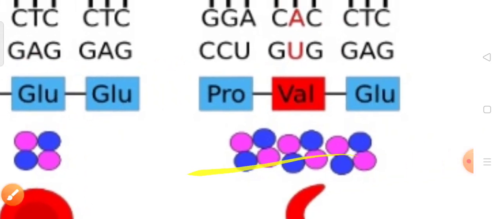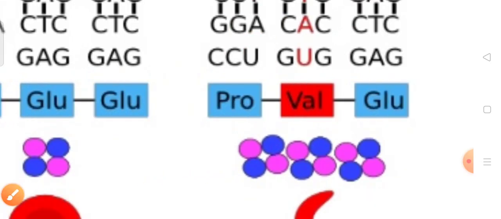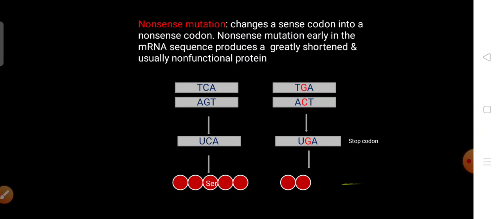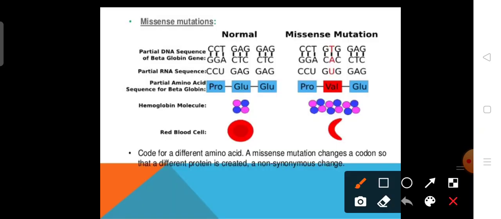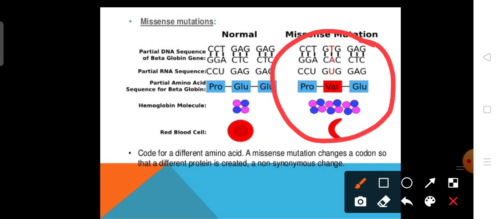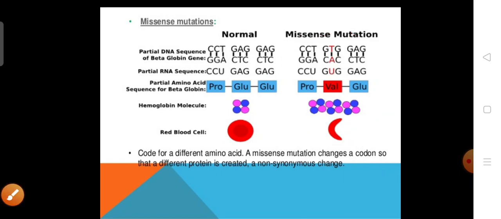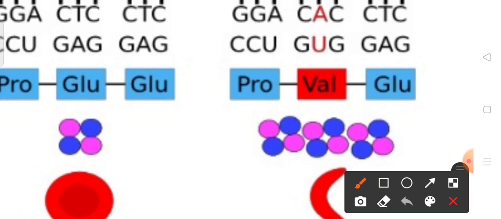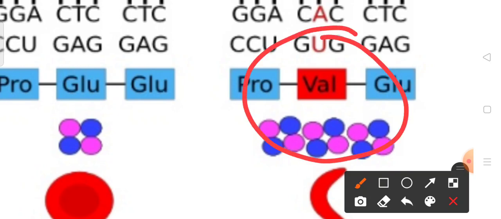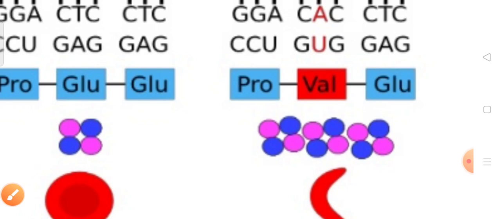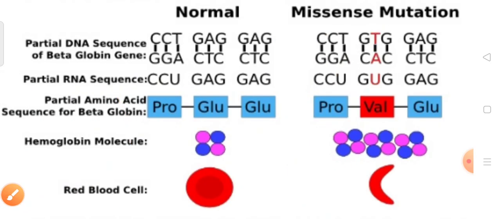In people having sickle cell anemia, at the sixth position there is valine, and it leads to sickle cell anemia. People having sickle cell anemia suffer from various problems of oxygen transfer, and the energy to work is less.